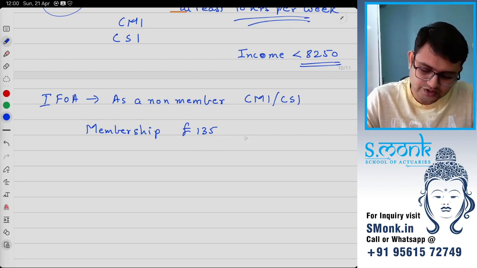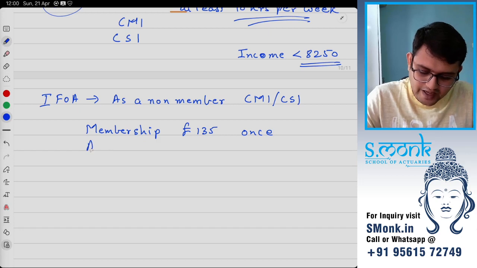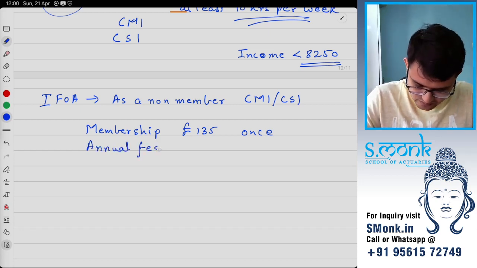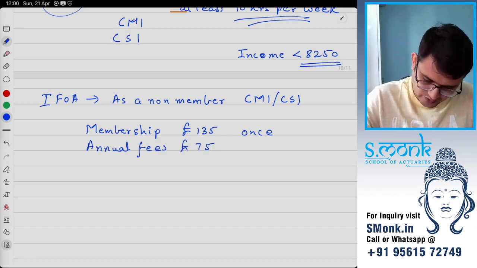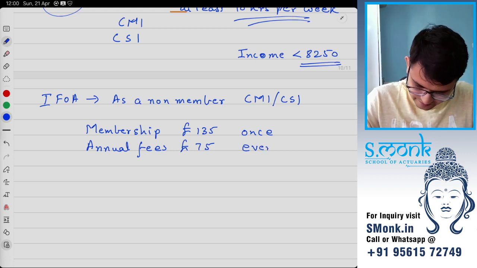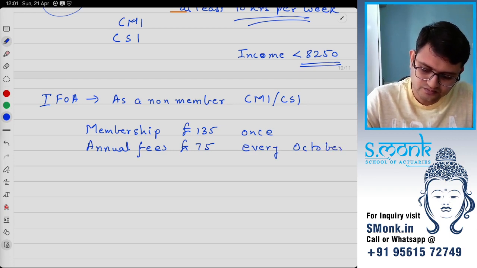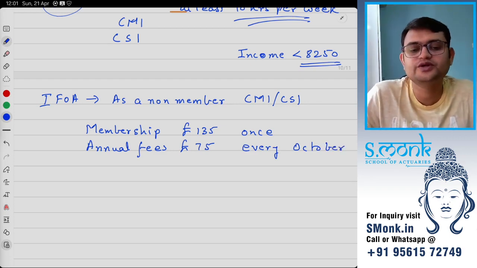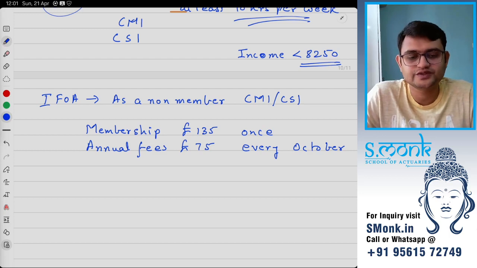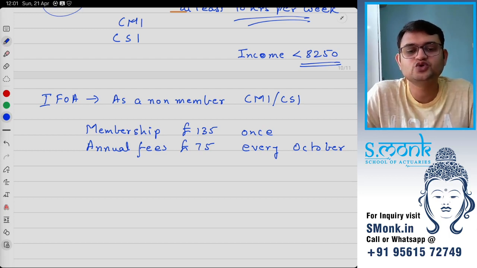You pay this once, and then you have an annual fee of 75 pounds every October. So every October you have to pay this annual fee, irrespective of when you took the membership.